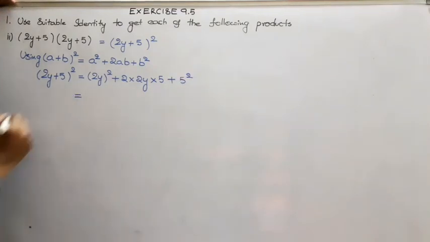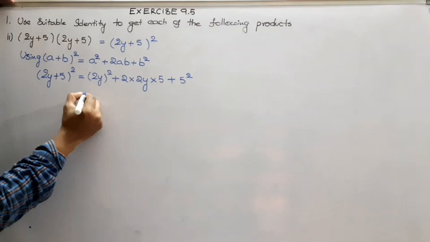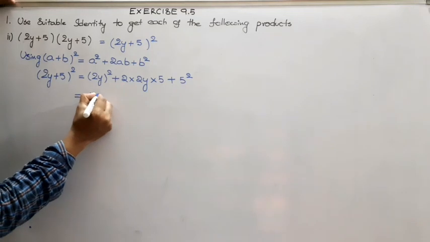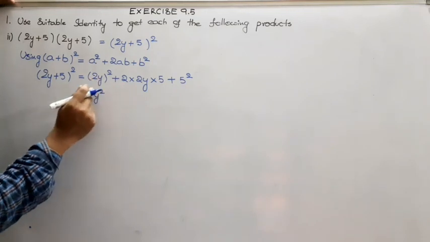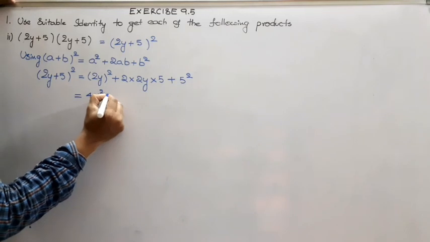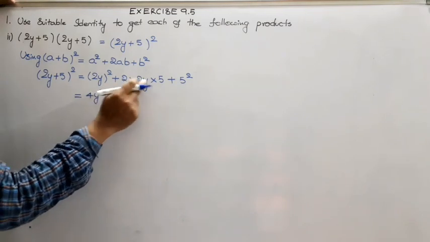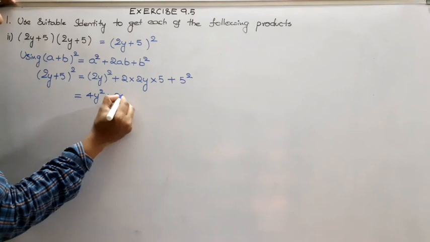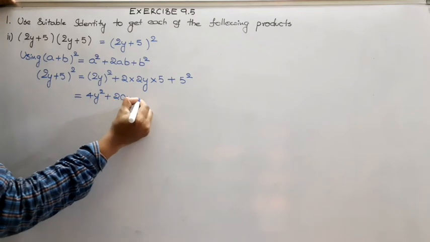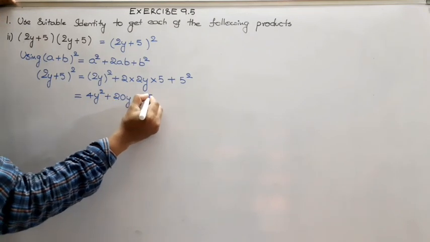Now let us simplify this. (2y) whole square gives us 4y square, because 2y into 2y is 4y square, plus 2 twos are 4, 4 fives are 20y, plus 5 fives are 25.